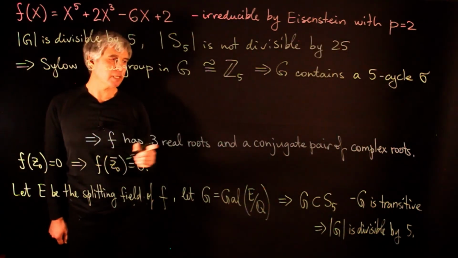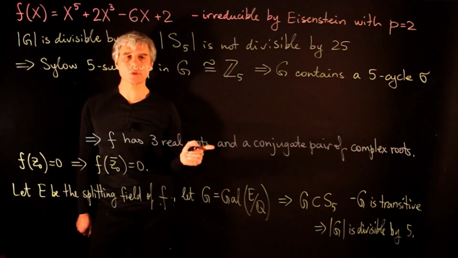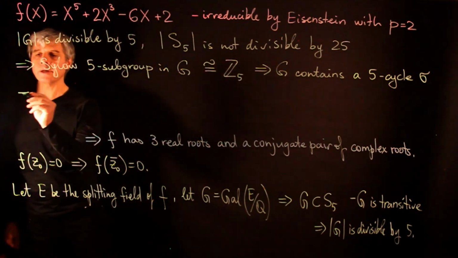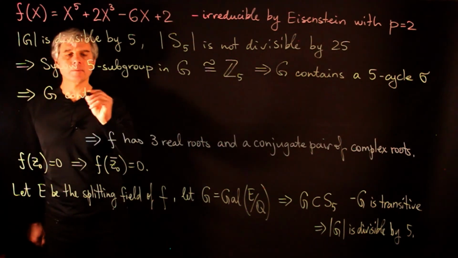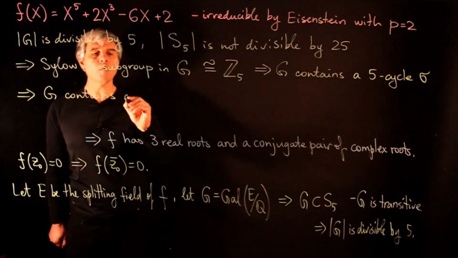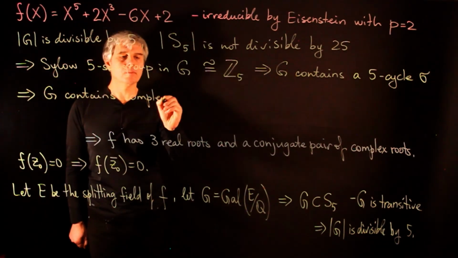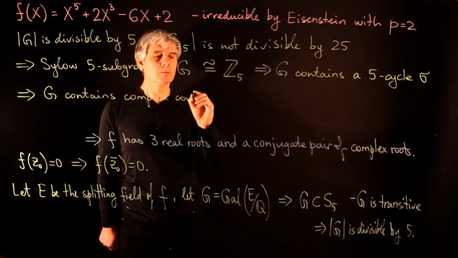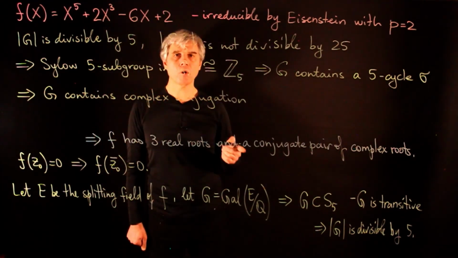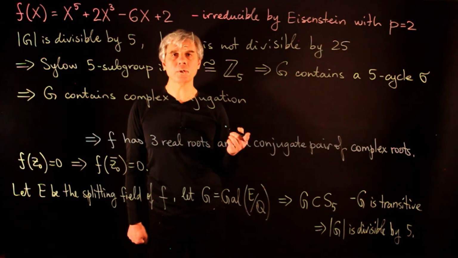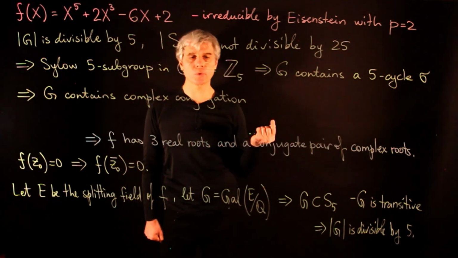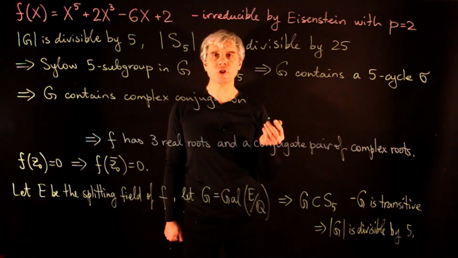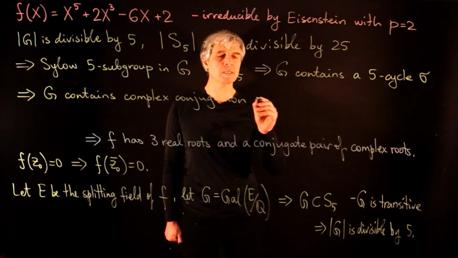Since f has a pair of conjugate complex roots, we conclude that the Galois group contains complex conjugation. Complex conjugation will become an automorphism of the splitting field that will swap 2 complex roots. As a permutation, this automorphism is a transposition.